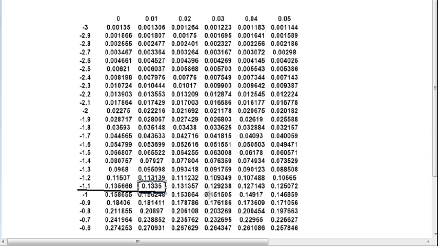Okay, good. So see, what we have is this. This number is 1.335, right?